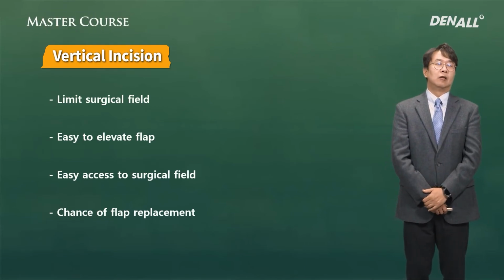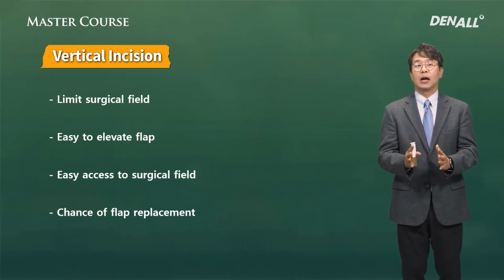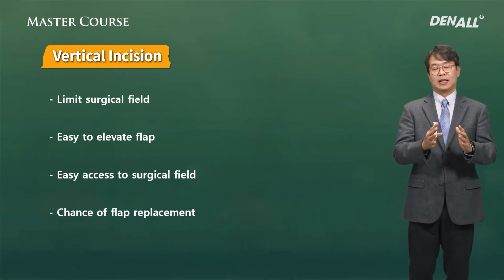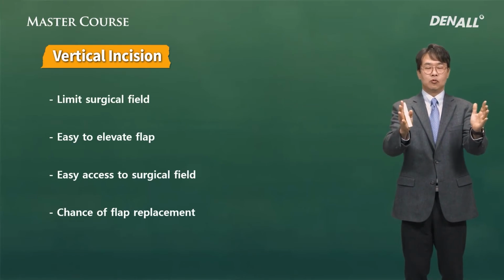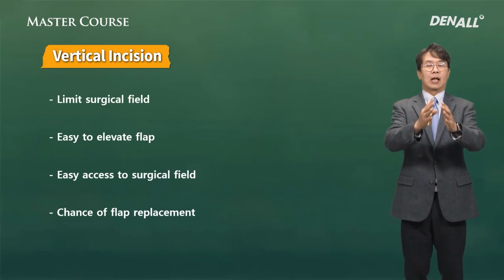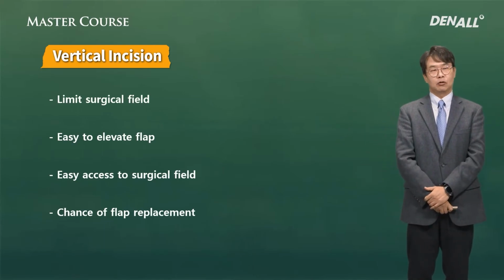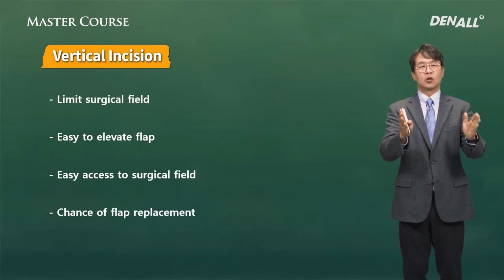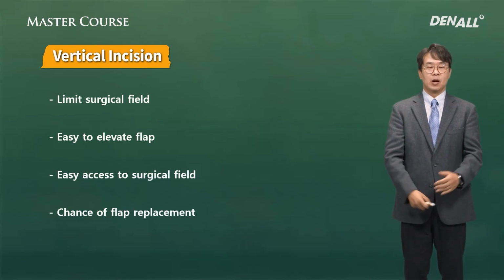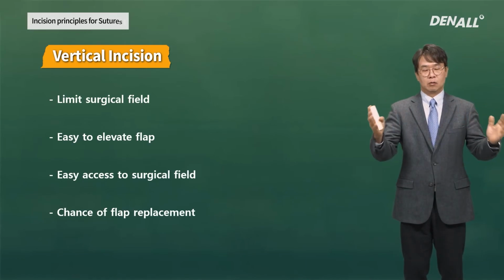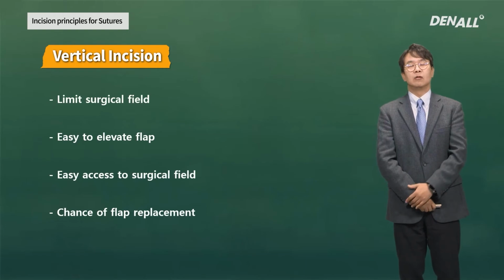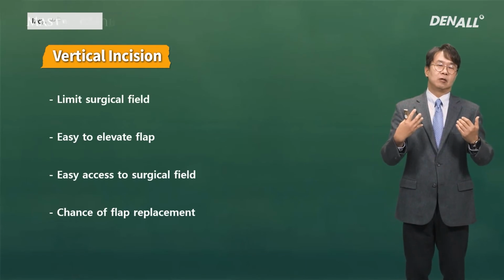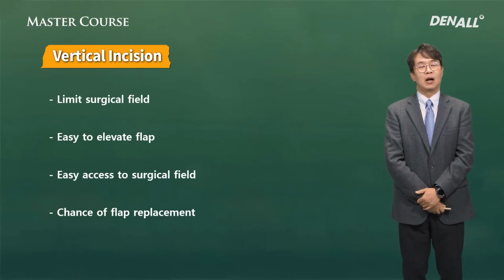When you use a vertical incision, you can limit the surgical field. You can make a wide incision, and if you make a narrow incision with a vertical incision, the surgical field can be limited, so you can secure visibility and you can make a small flap design. When you elevate a flap, this helps.